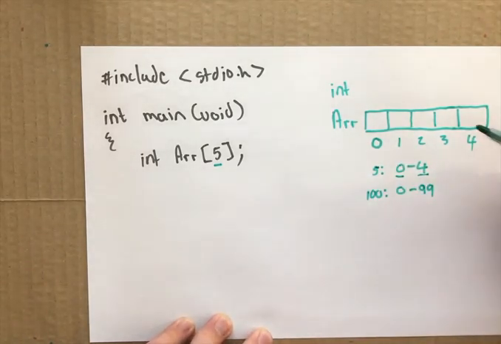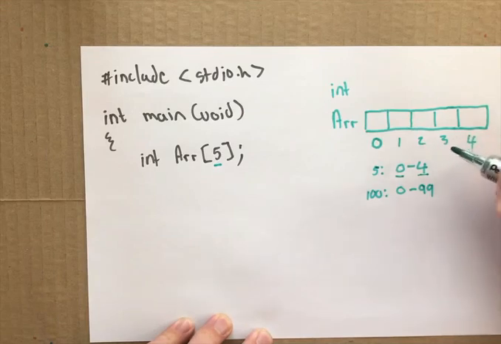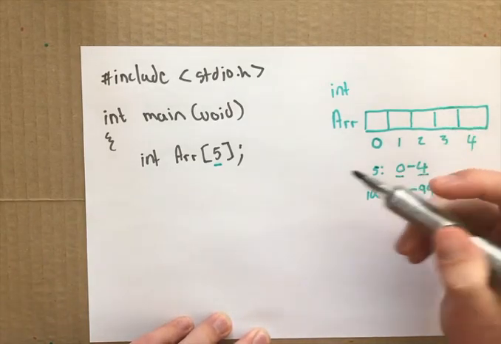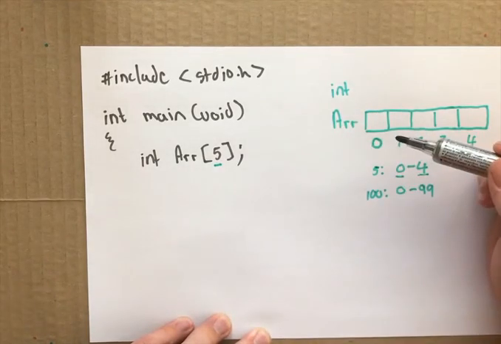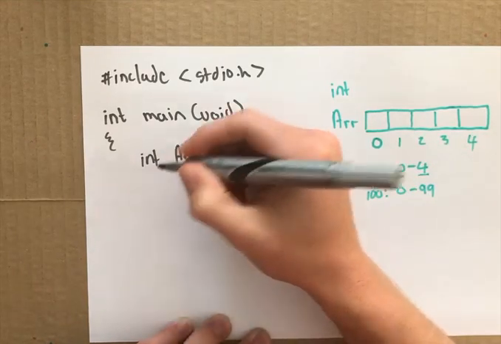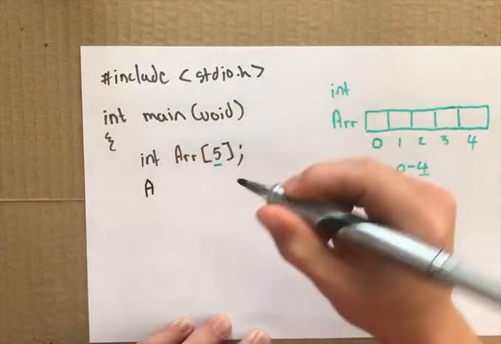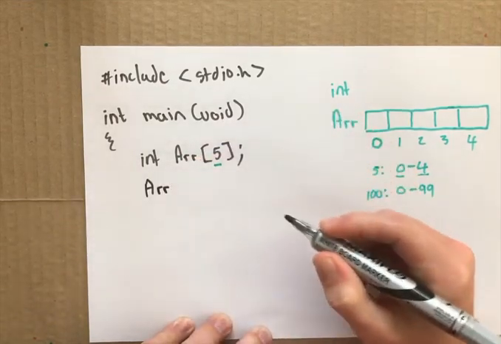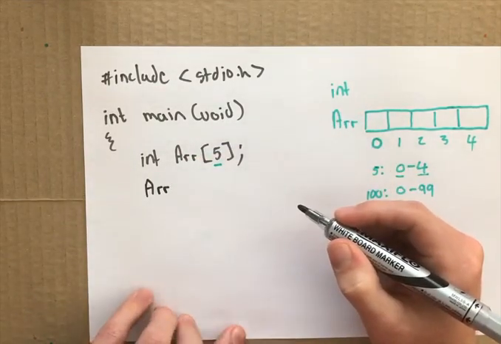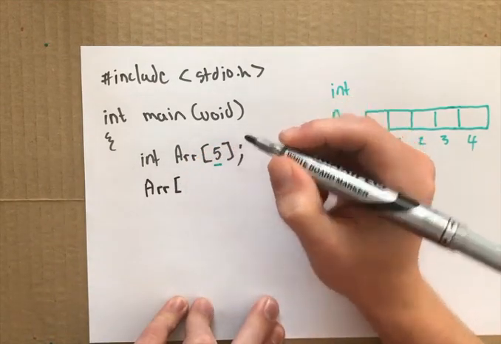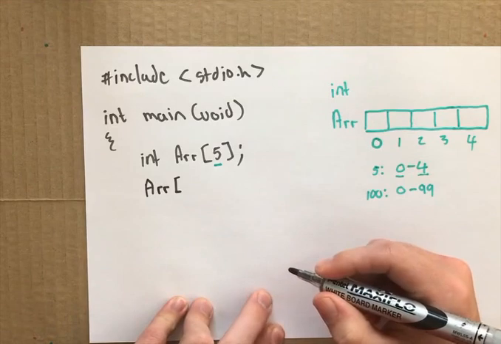Okay, so now that we understand that there's something called indexing, we can go and set each element after the declaration to a certain value that we want it to be set. Okay, so let's use now this array. So we have declared the array, now we can go and use the array. So we say the array name, and now we use the square brackets to call this specific index.